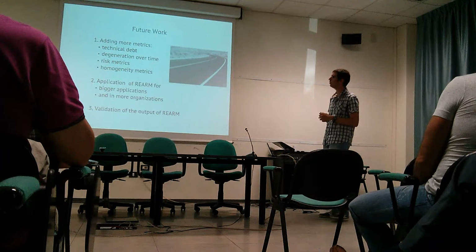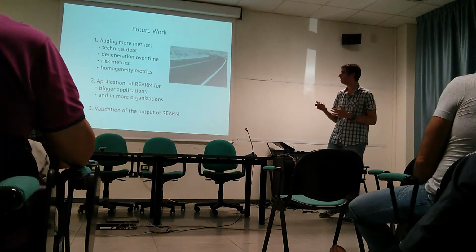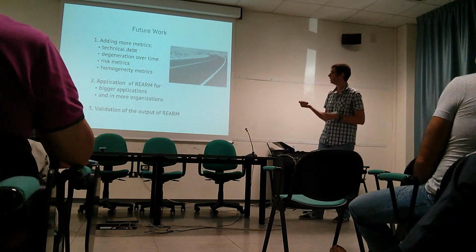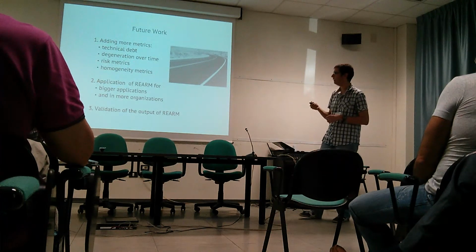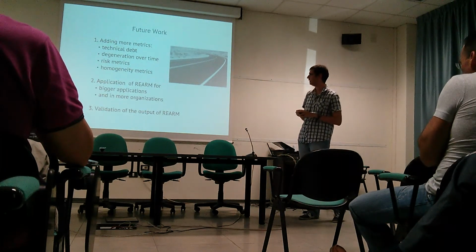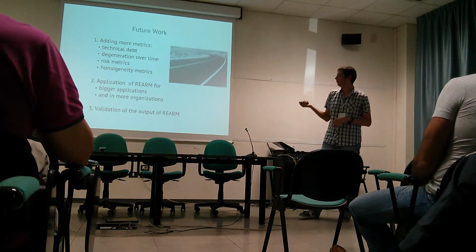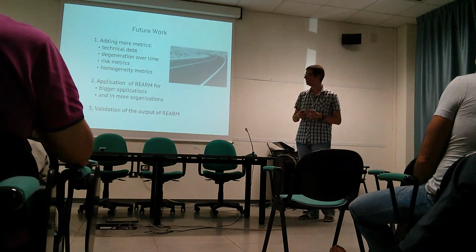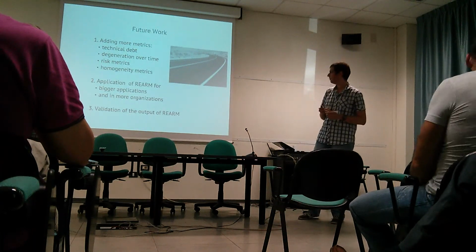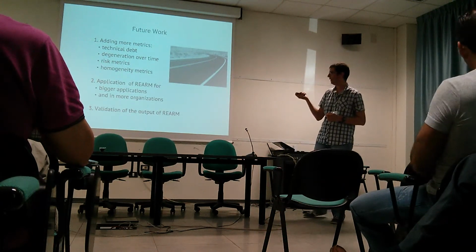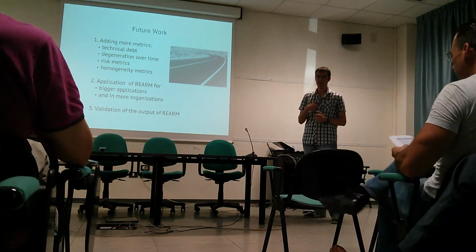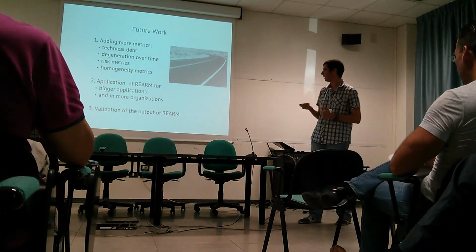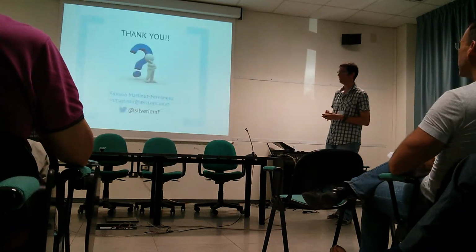So as future work, we plan to add more metrics to the model, such as technical debt, degeneration over time, risk metrics, and homogeneity metrics. We are also applying REARM in another organization now. We also need to validate if the output of the economic model is correct. And this has been all.